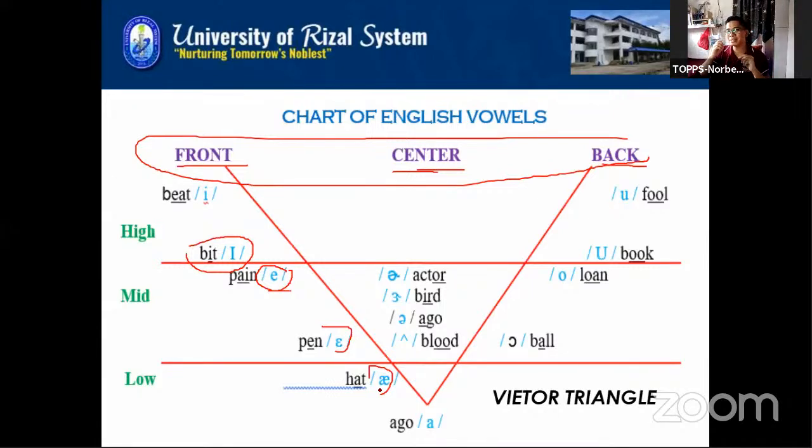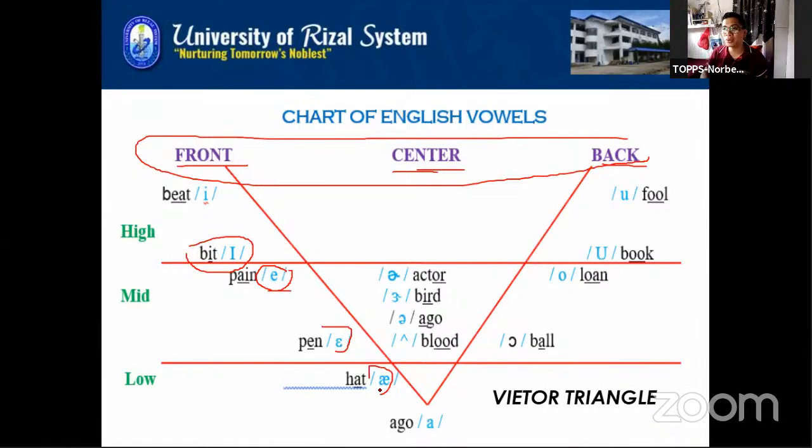When you say back, hat, that is what really makes the American sound more distinct among other sounds. So whenever you ask an American to speak a Tagalog word, they will say Tagalog, because in their culture, whenever they see the letter A, they pronounce it like this. But in our case, it's a.